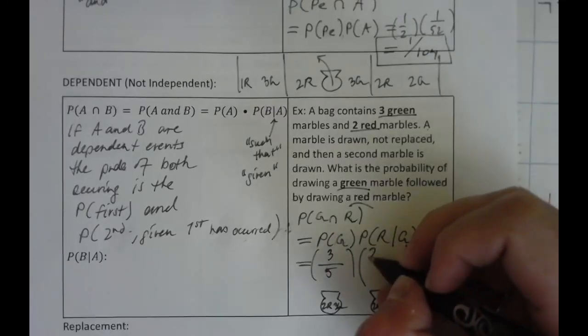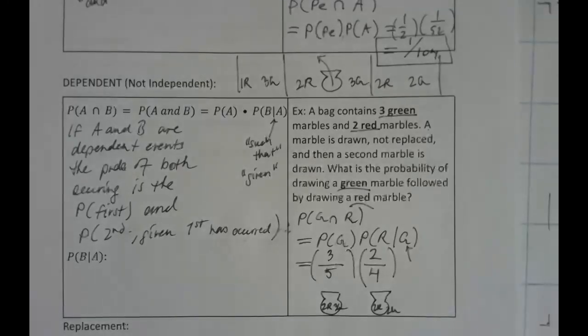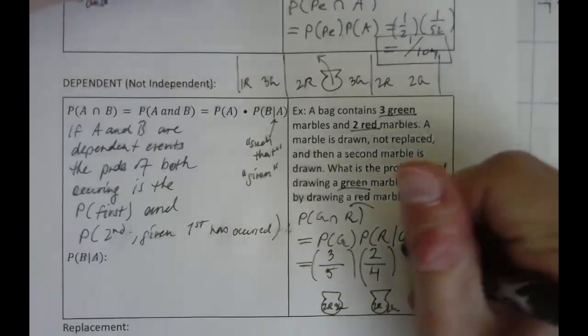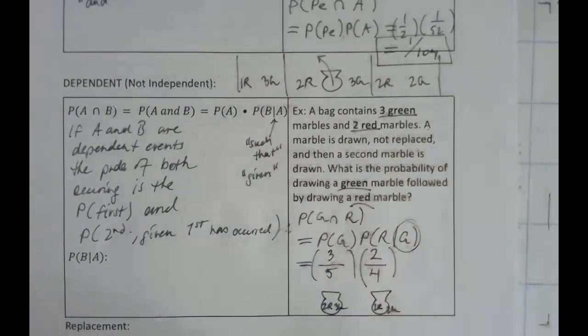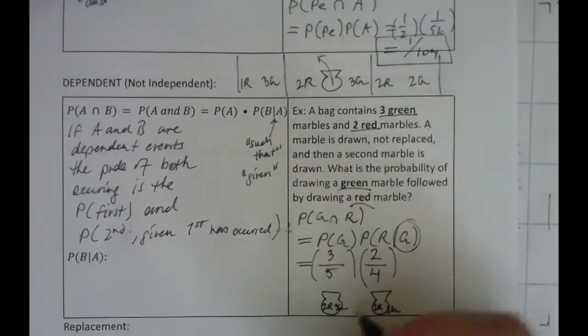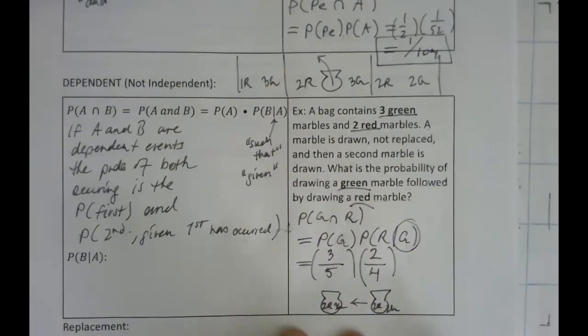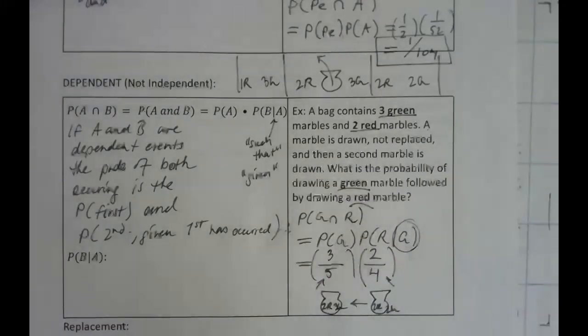So there's now a 2 in 4 chance that you draw a red. The game has changed. Whenever something is assumed in probability, it changes the game. Do you guys see? This second bag is distinctly different from the first one. One had 5 options. The second had only 4.